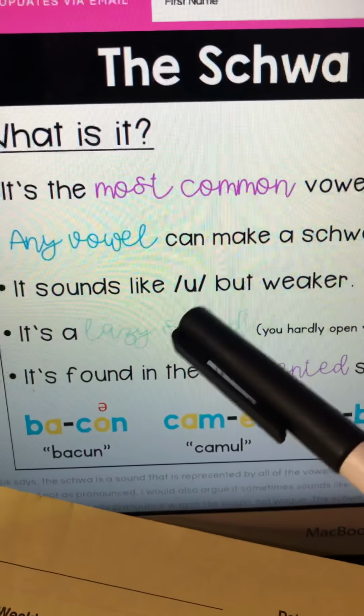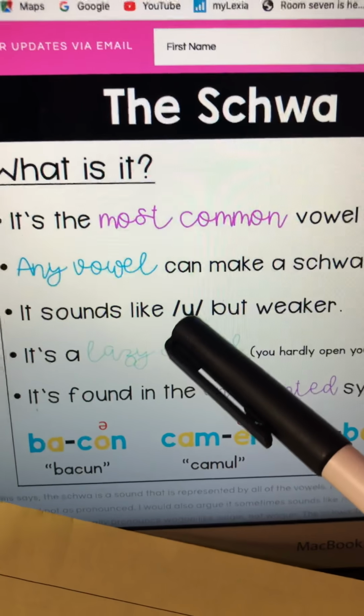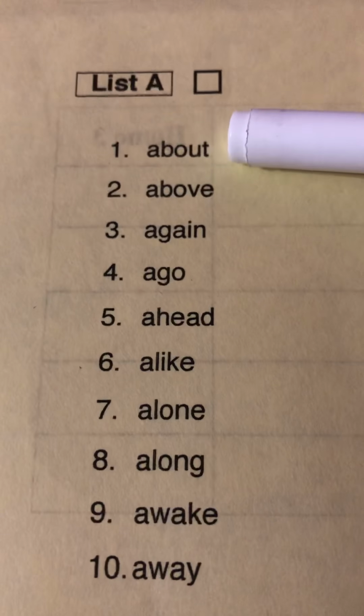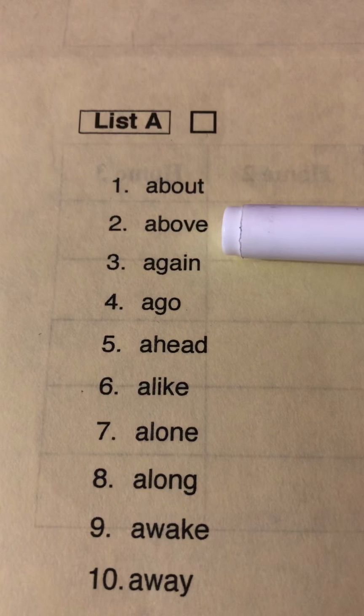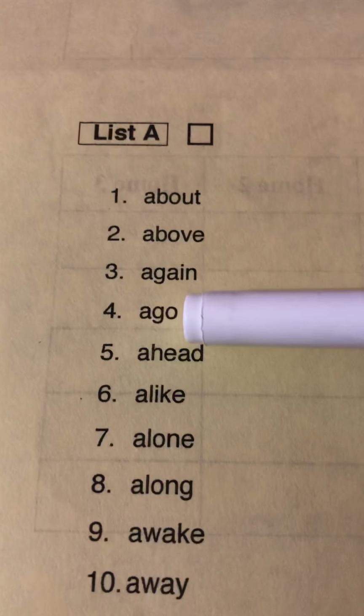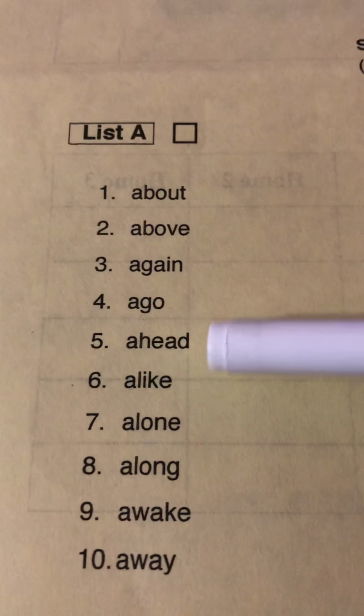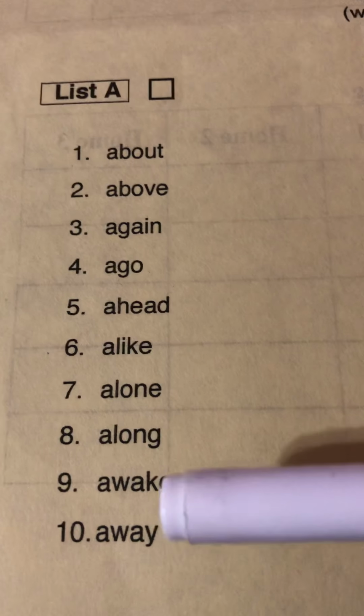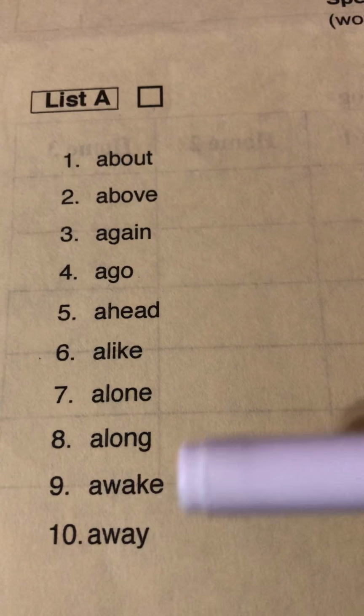So on the list that I'm going to show you, the schwa sound that is mostly used is uh, okay? So let's go back to our list. So number 1, about, above, again, ago, ahead, alike, alone, along, awake, and away.